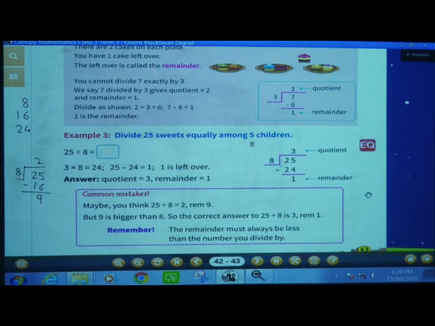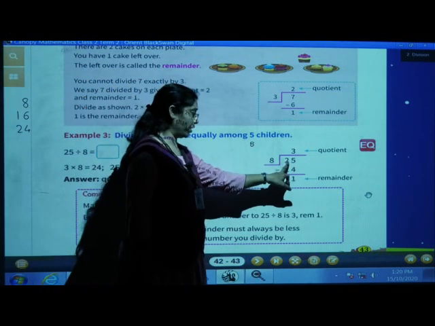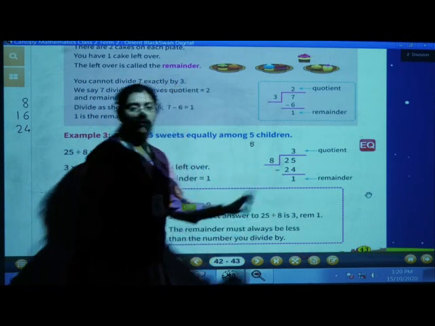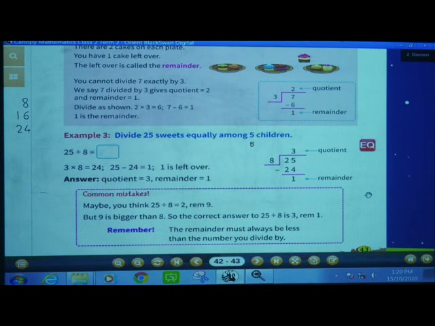Okay, means the remainder is always less than the divisor. 8 is the divisor. Therefore, this remainder should be less than this divisor. So, 25 divided by 8, 8 threes are 24, remainder 1. This is the correct answer.